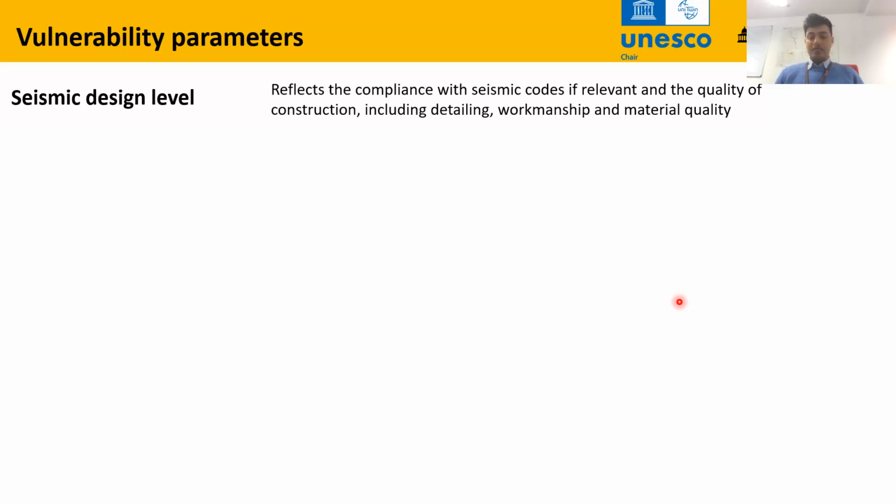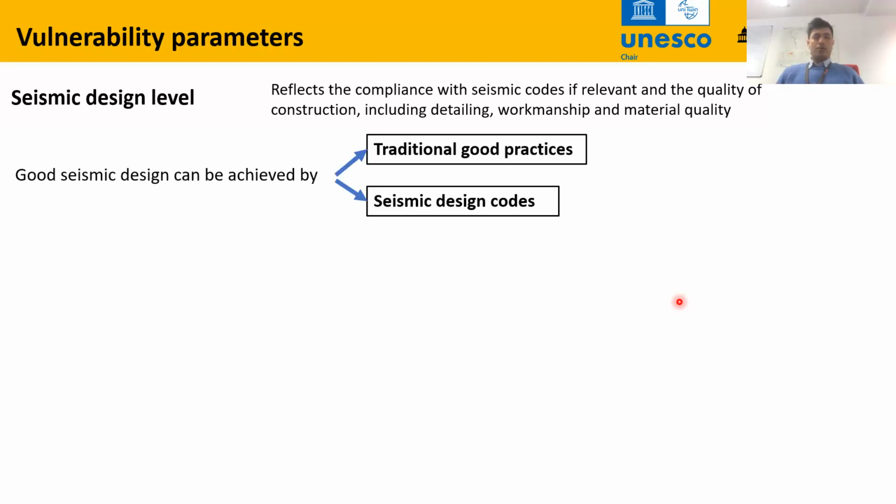If it is built with proper workmanship, proper craftsmanship, and traditional seismic resisting elements are included, then it can result in a well designed masonry building. Therefore, a good seismic design can be achieved by traditional good practices or by enforcing seismic design codes.